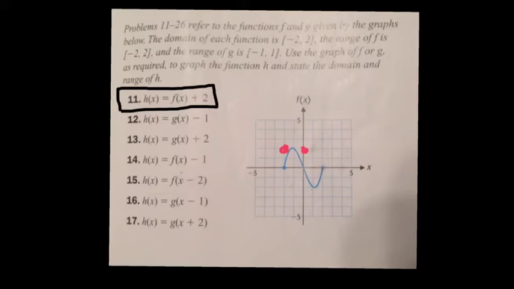I can shift that 2 units up. And then the points at the top and the bottom of the curve, if I shift those 2 units up also, just to give me an idea of where my graph is going to be. So this point came up to, this point came up to. Then if I follow those, this can be the sketch of the graph of my function h of x.